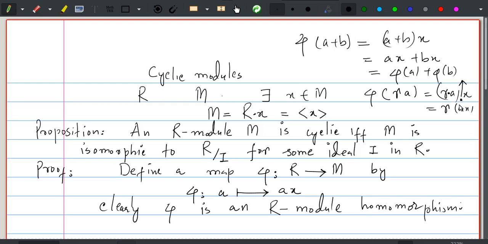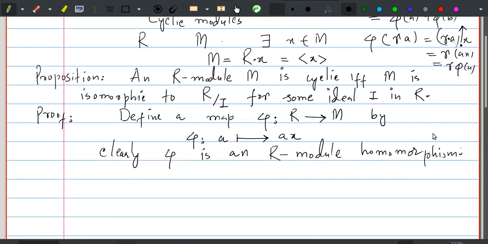Since these two operations are compatible, we have this expression. So this is R of phi of A. So this is also homogeneous, and that is why phi is a homomorphism.